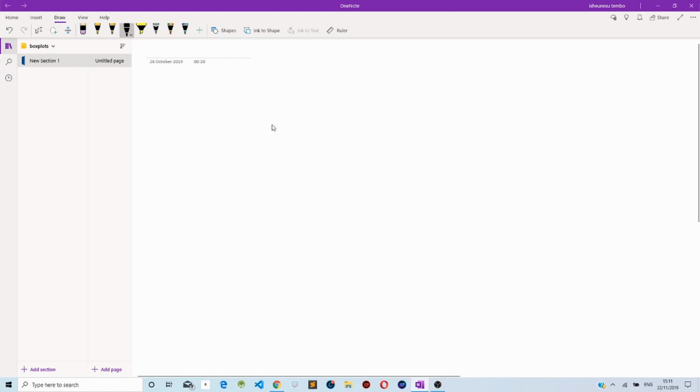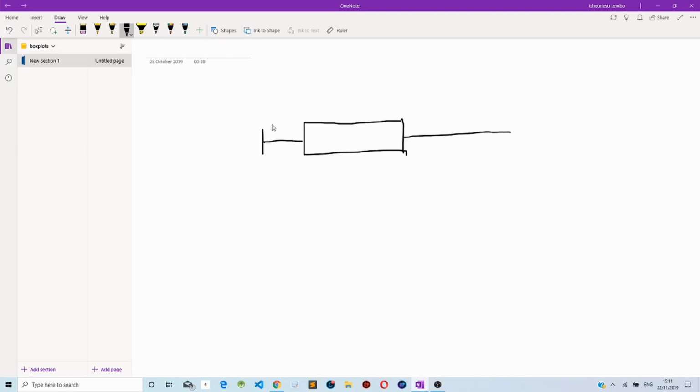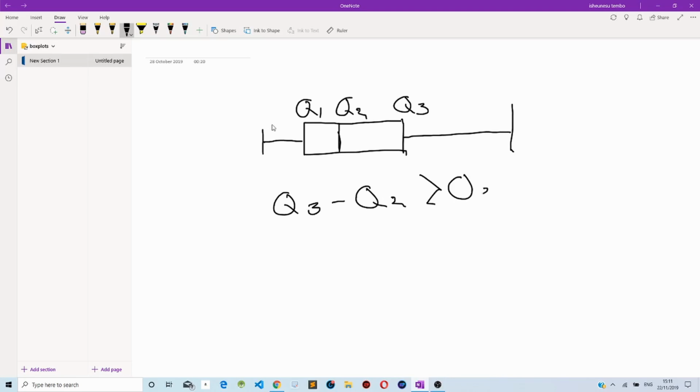So we also have a scenario in which Q3 minus Q2 is greater than Q2 minus Q1, and also where the right whisker is greater than the whisker on the left side.